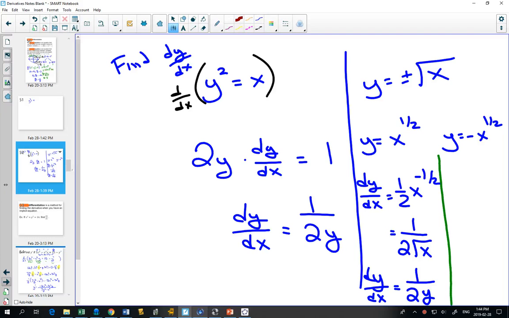The question is, would it also do the same if I tried the other half? If I did this half, what's dy/dx? Well, I bring the 1/2 out in front, which would give me negative 1/2 x to the negative 1/2, which is negative 1 over 2 square root of x.